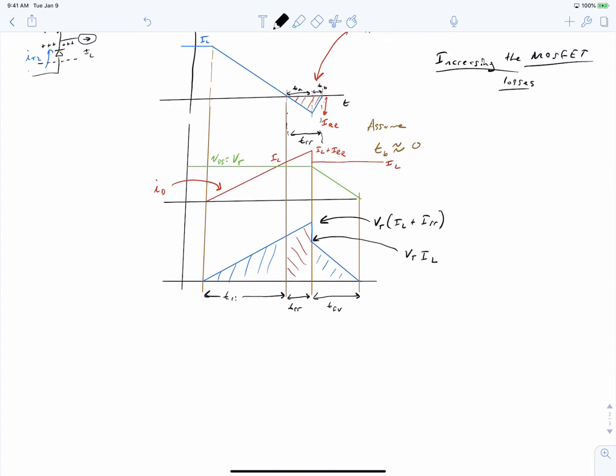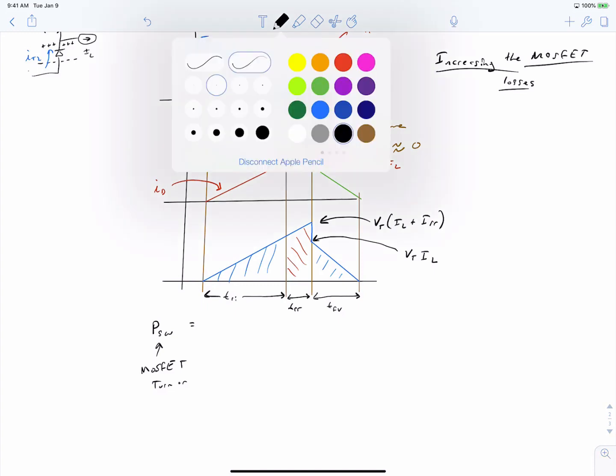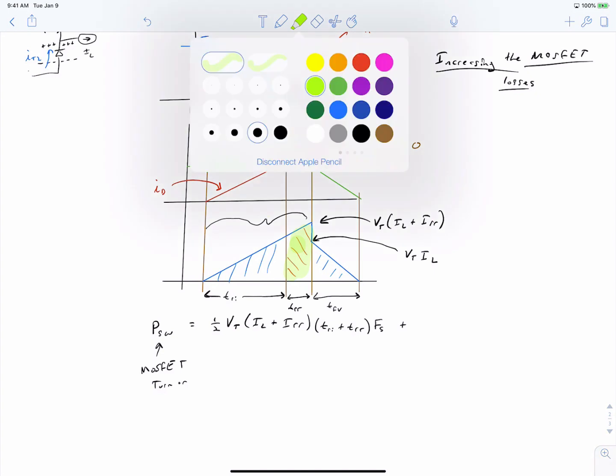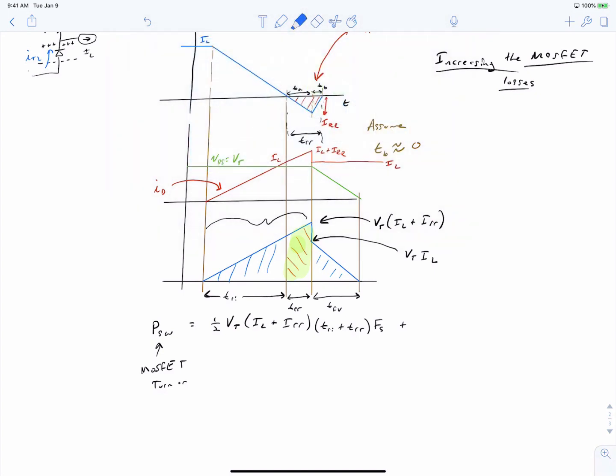So we can now write an updated switching loss expression during MOSFET turn on, which adds the new area due to our reverse recovery. Again, that new area is this region right here. As before, we start talking about the area of this first triangle, which we'll now consider to be this entire area, with an updated time of TRI plus TRR, and then add in our remaining region over here.